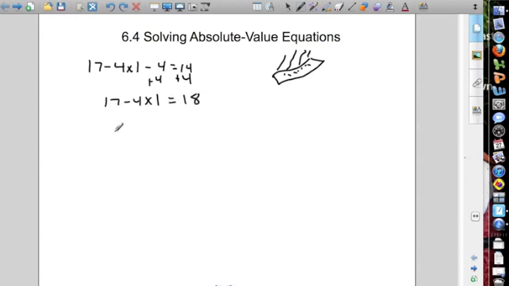Once you have the absolute value all by itself, be careful not to think this is 17 here. Make sure you know those are absolute value bars. After you get the absolute value all by itself, we know that we're looking for 7 minus 4x to either equal positive 18, or we're looking for 7 minus 4x to equal negative 18. It could equal either one and we'd be okay here.